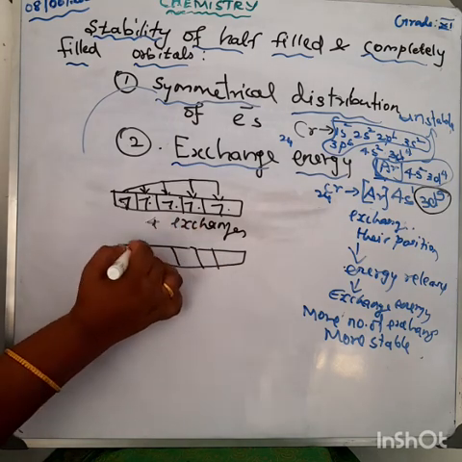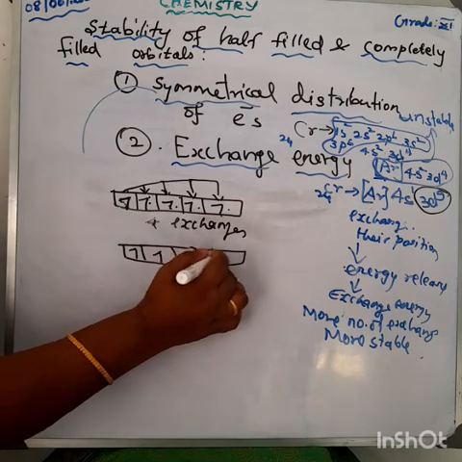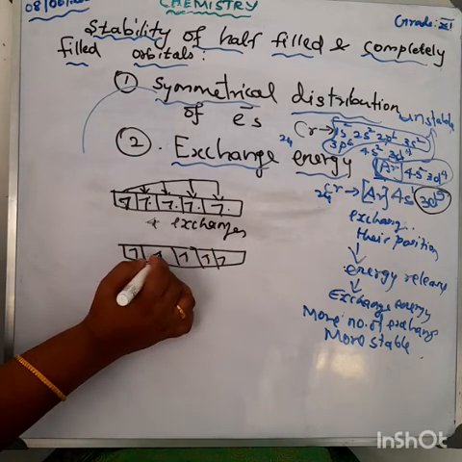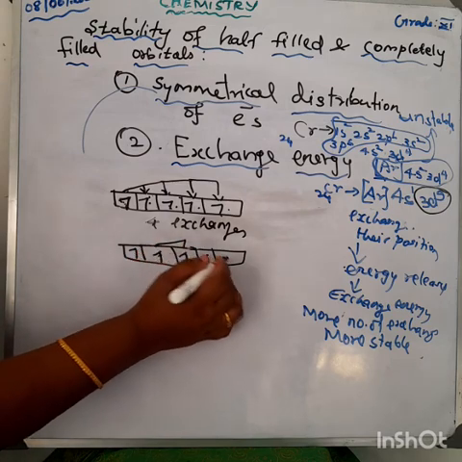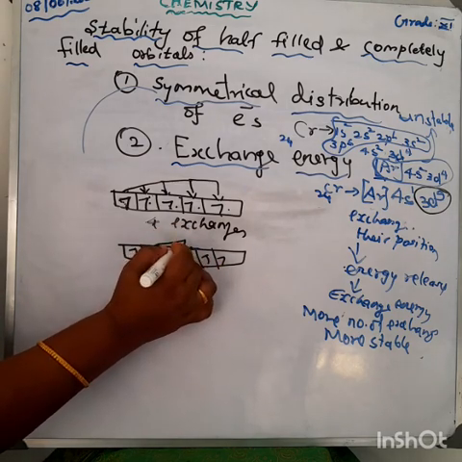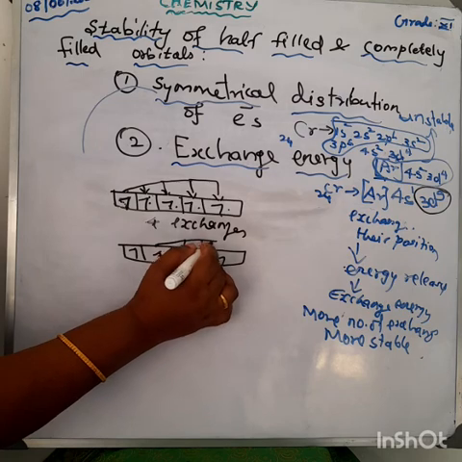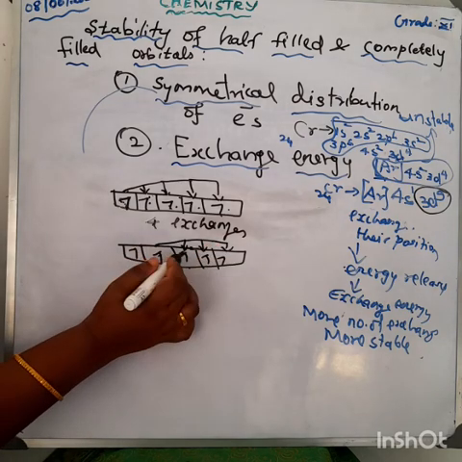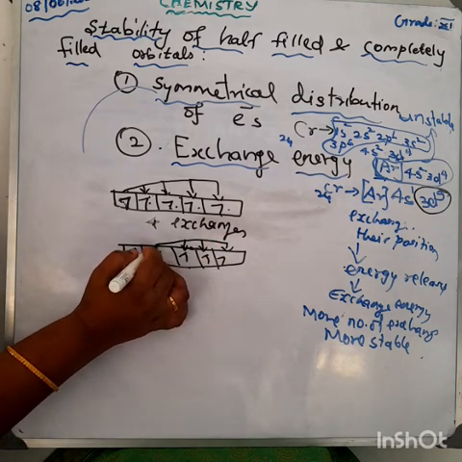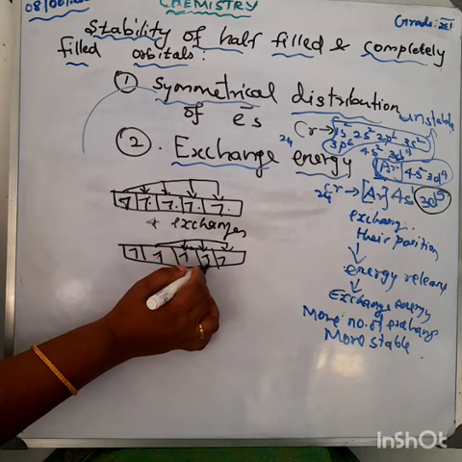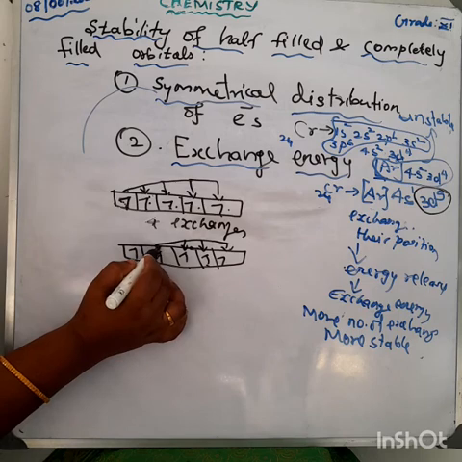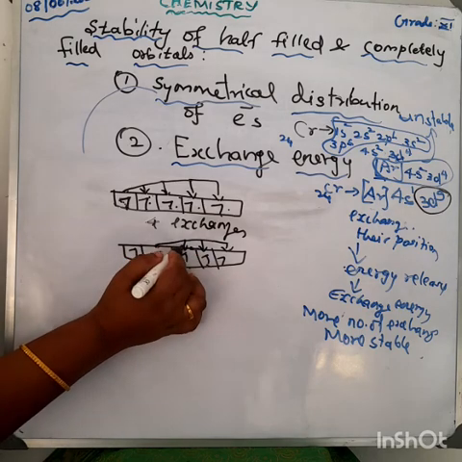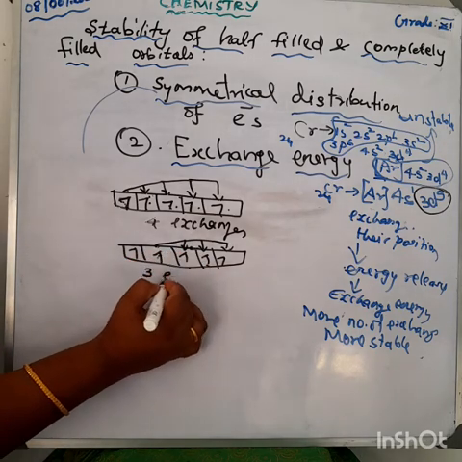Now consider the next electron. It can exchange its position with here, or here, or here. Suppose this electron exchanges its position with here, this electron comes here and that electron goes there. So for this electron, 3 exchanges are possible.